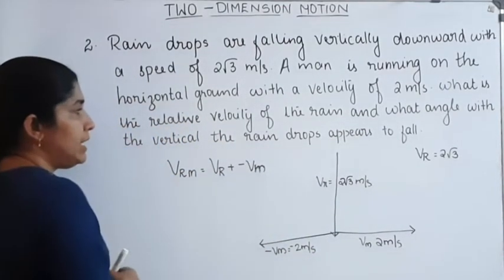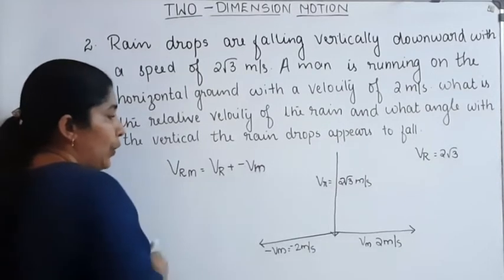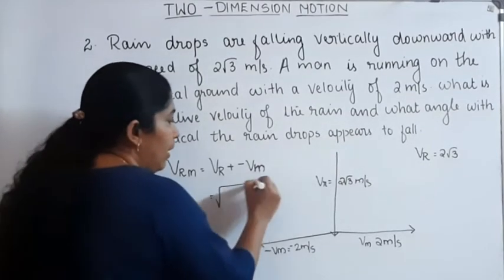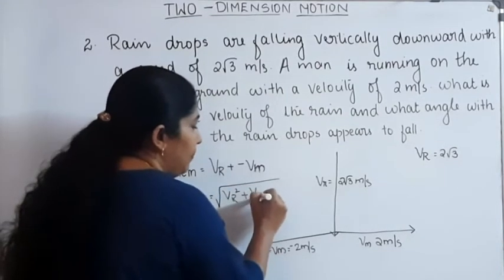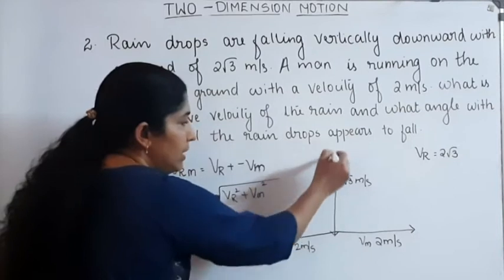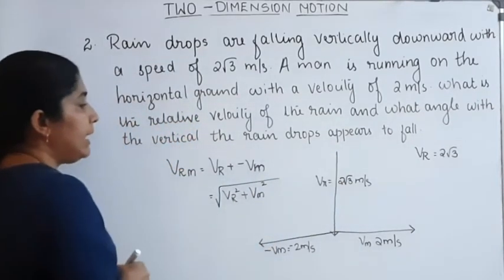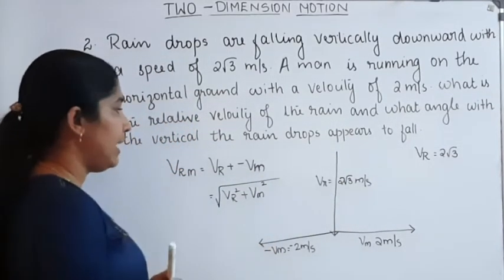Resultant velocity is equal to root of Vr square plus Vm square. Because Vr and Vm are at an angle of 90 degrees, the third term is cancelled.